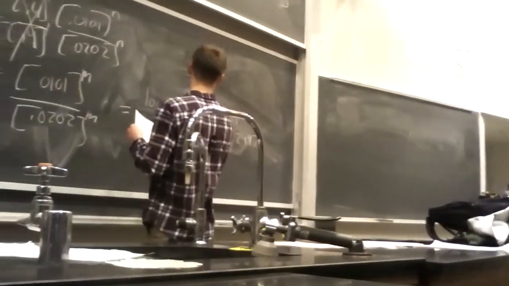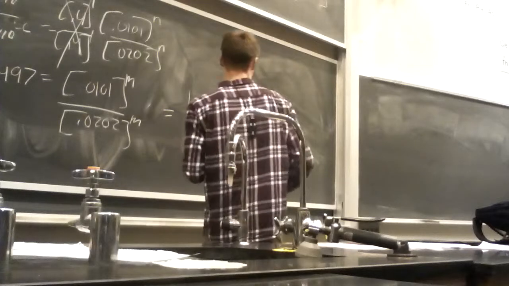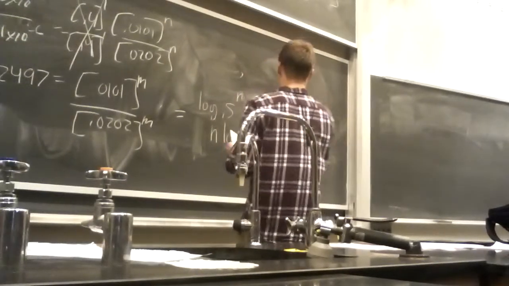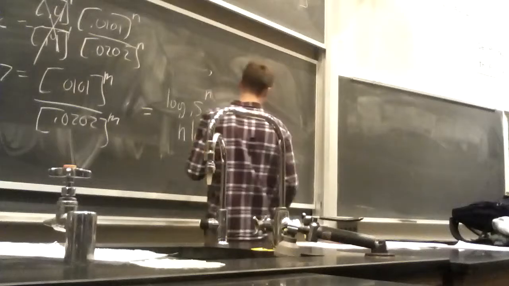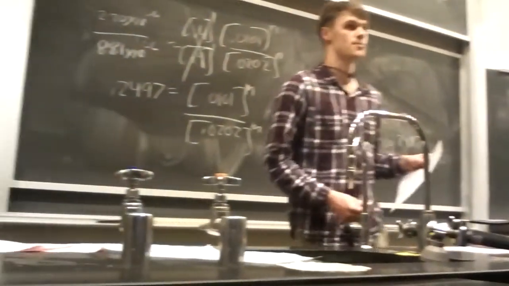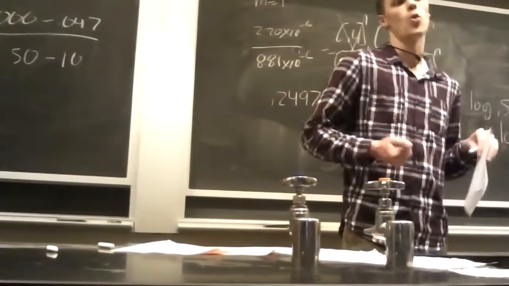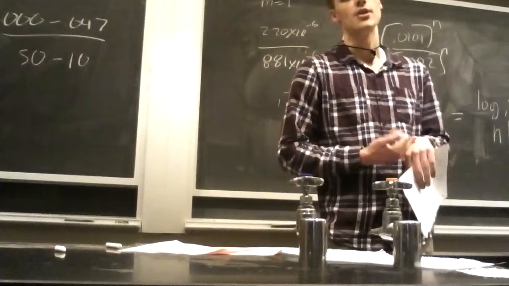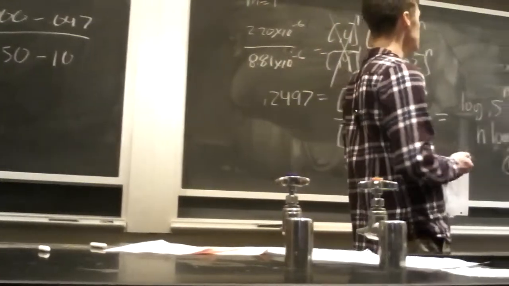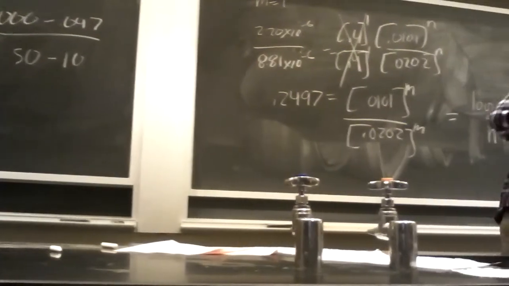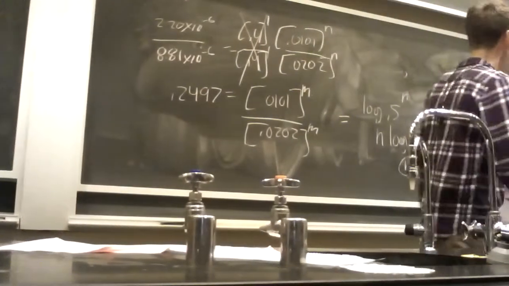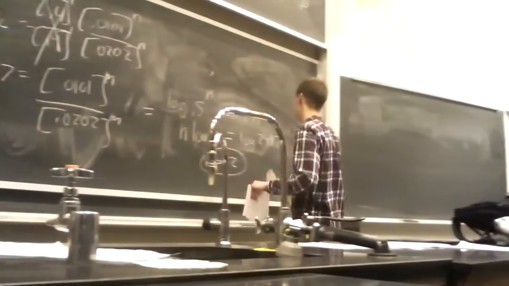And that will get you n equals 2. So now you know both of your superscripts. You know what order ammonia is, and you know what order nitrite is. Okay. So with that information, you're ready to write the rate law.